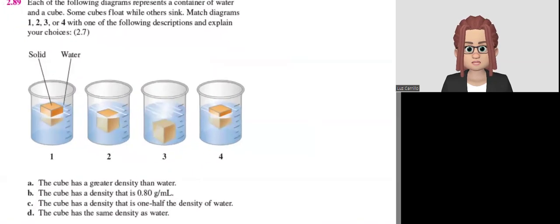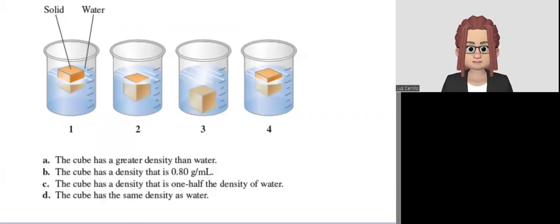So I want you to take a moment and determine which illustration corresponds to the cube has a greater density than water. Next, determine the illustration that corresponds to the cube has a density that is 0.80 grams per milliliter.